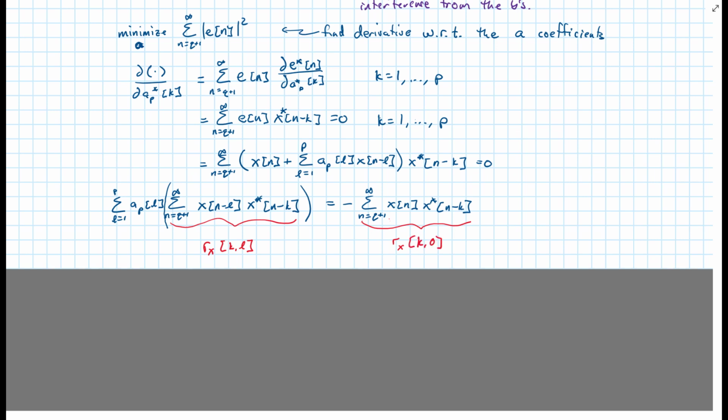Okay. Once again, we've run across this before. This is not the actual autocorrelation function. We sometimes call this a deterministic autocorrelation. And there are several differences. One, it's not an expectation, it's a sum. The other difference is nothing is normalized. I mean, normally we would have a 1 over n out front, but since it shows up on both sides, they just cancel out, and we end up just using this term here.